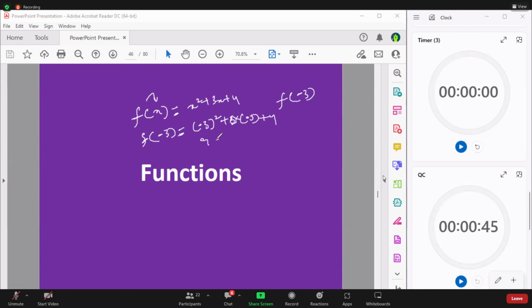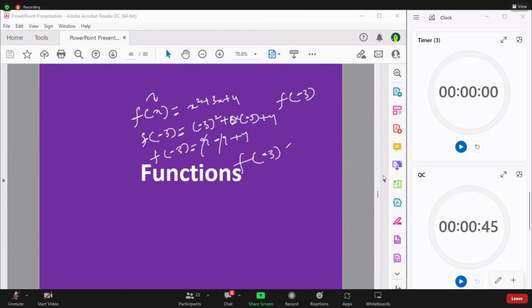So this becomes 9, this becomes -9, and this becomes 4.